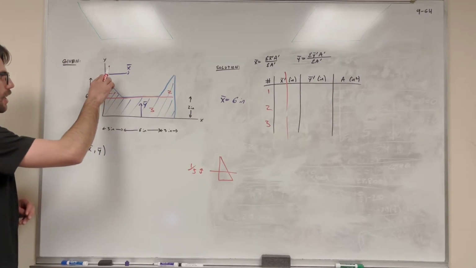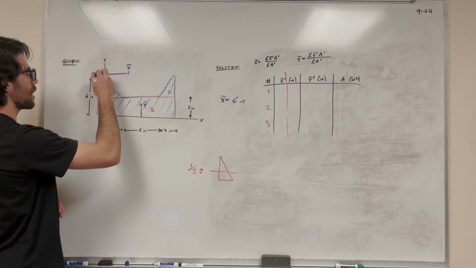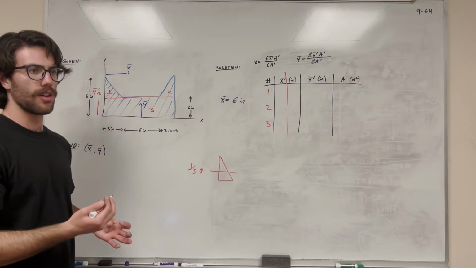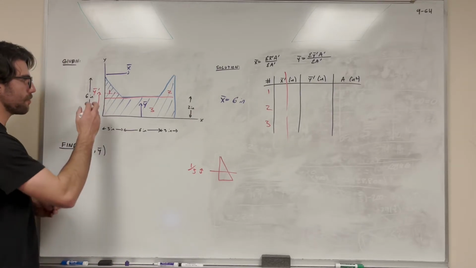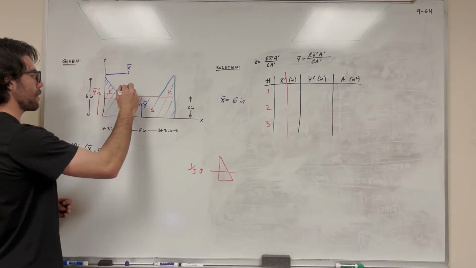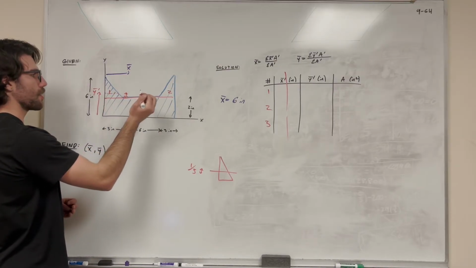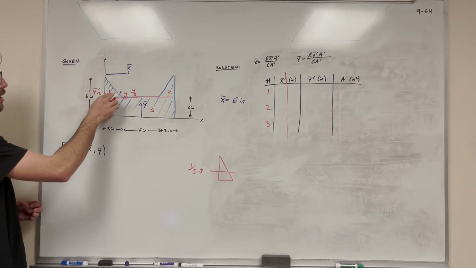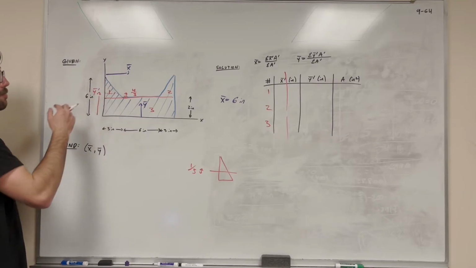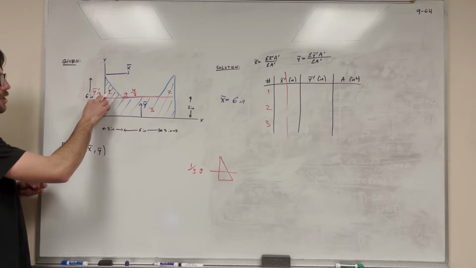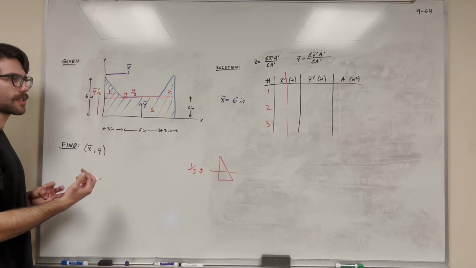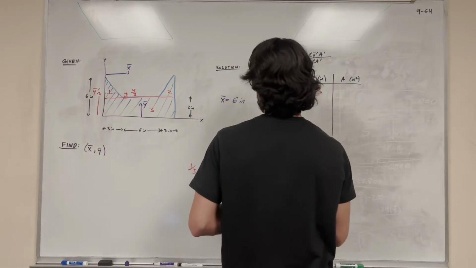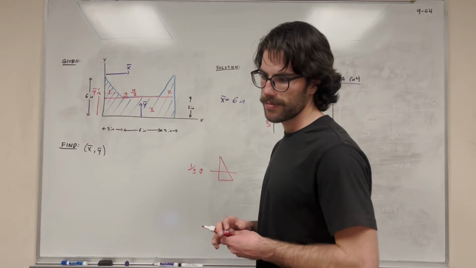The height of this triangle is 4 inches, so this distance is going to be a third of 4, 4/3. We still need to add it to this height, which is 2 inches, so it's going to be 2 plus 4/3, which is equal to 3.33. That's y bar of this triangle.